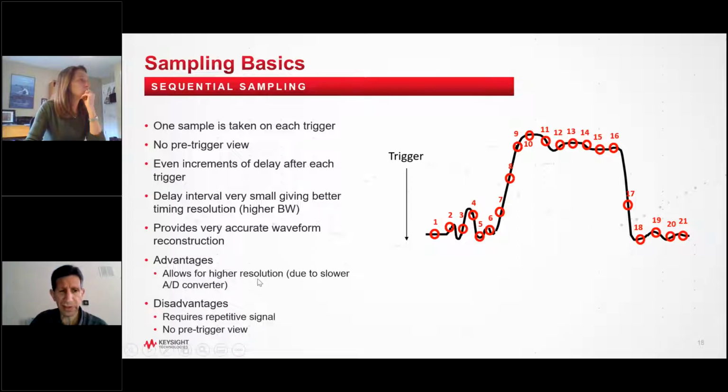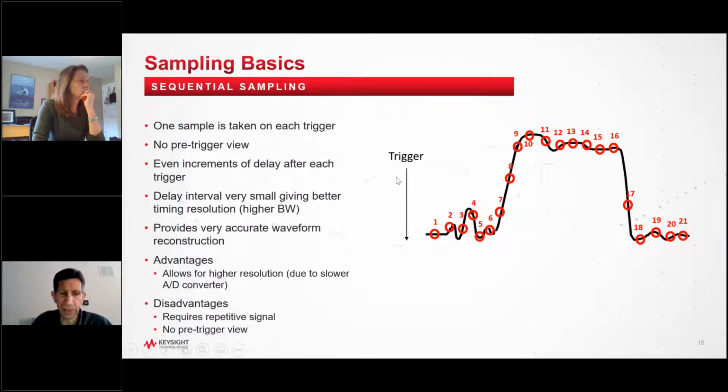So again, the advantages, the other thing is, since the A to Ds are not running at ultra high speed, the A to Ds here, we mentioned in the real-time scopes, there's been a push to get above 8 bits. In the sampling scope, we've always had that. For example, our sampling scope has a 14-bit ADC converter. So higher resolution, lower noise in general for a given bandwidth.